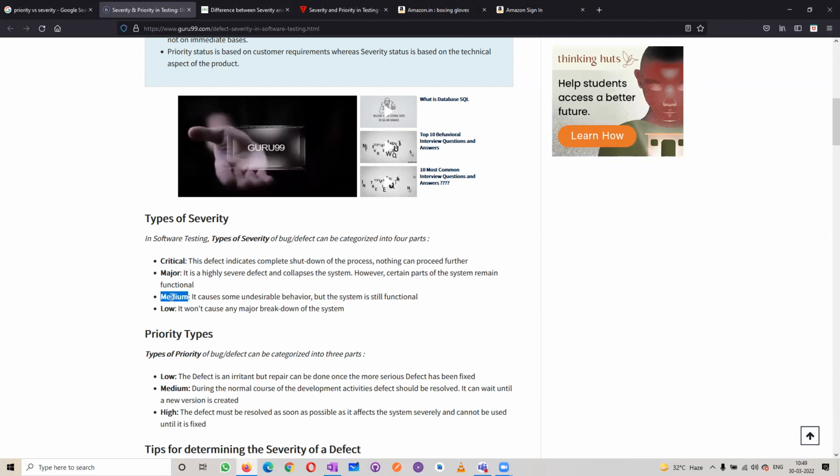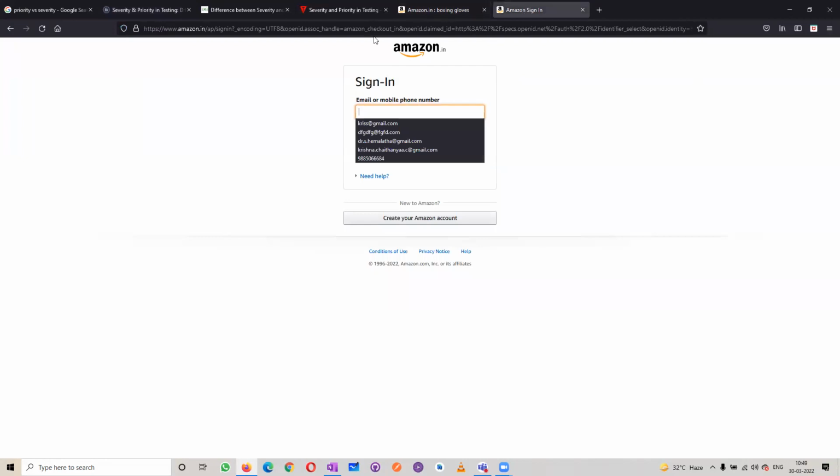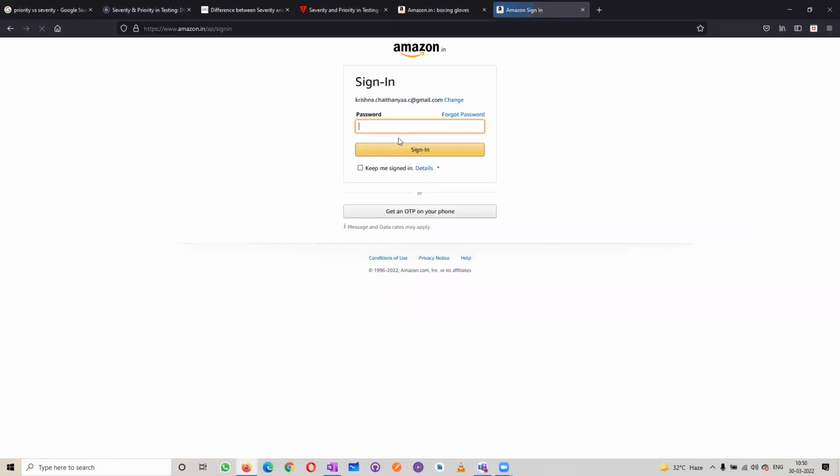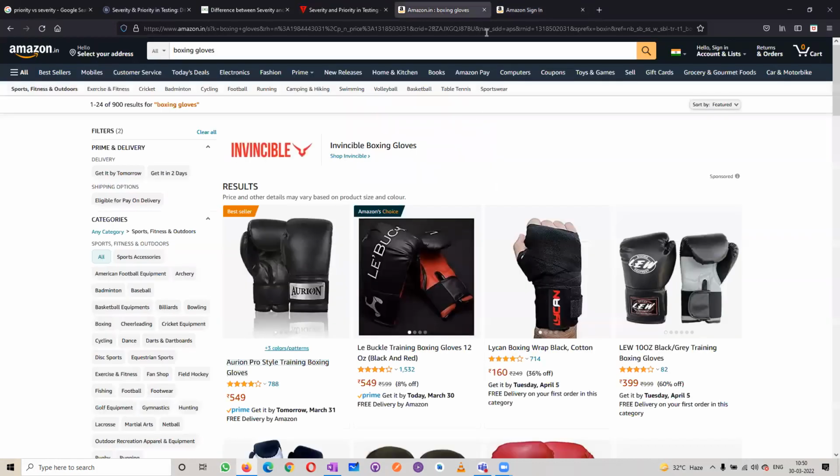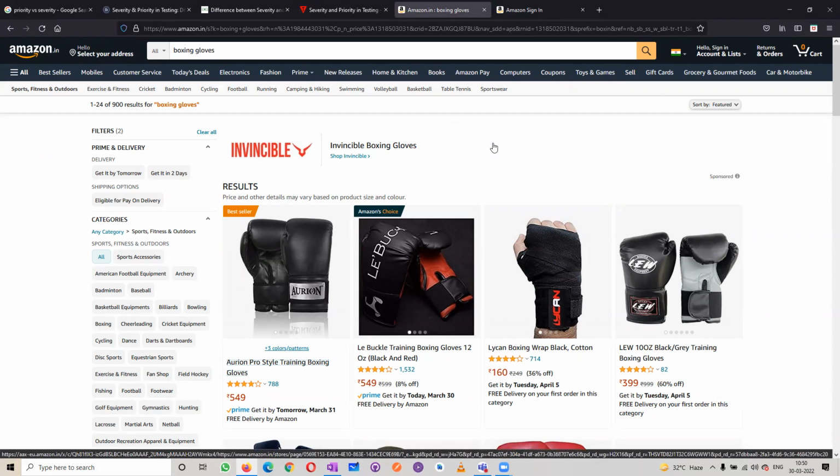Now, medium, any particular functionality. So I told you, right? We discussed this earlier: the search functionality. If that particular search functionality is not working, that is medium severity, because it doesn't have a big impact on the application.